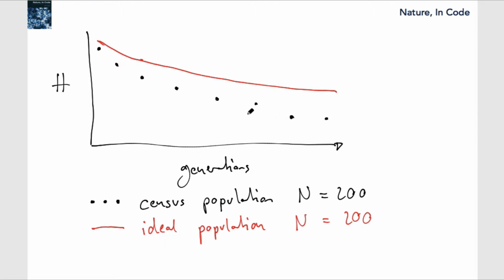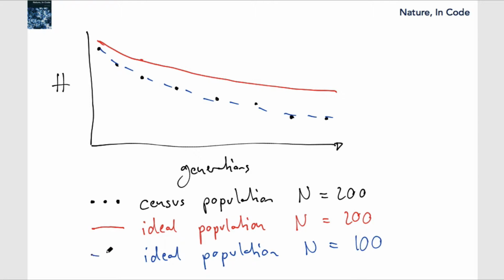And indeed, I'm going to use the blue color here, if you fiddle around with the numbers a little bit, you'll soon find that the best fit would be a case where you have an ideal population size of 100, and this would be this dashed line here.